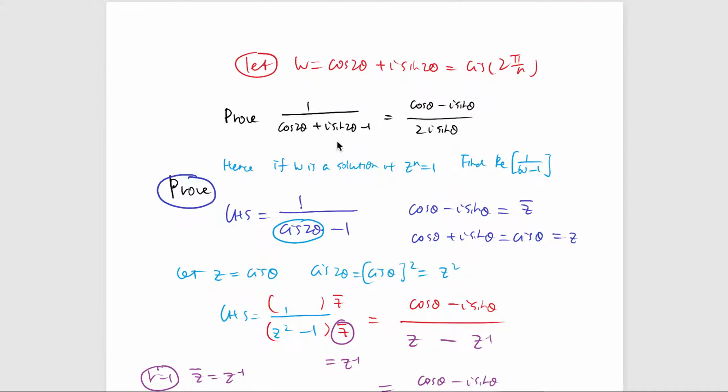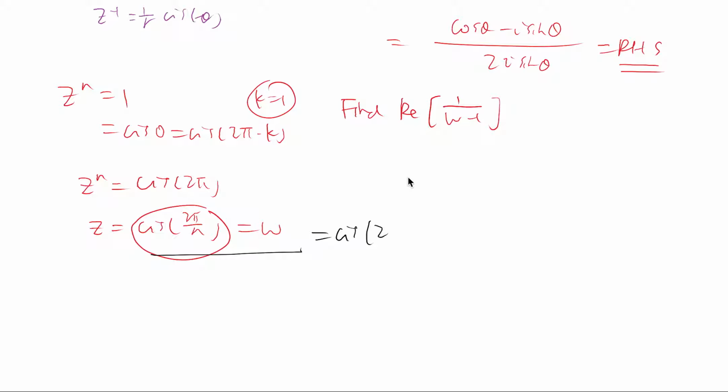If theta equals pi over n, your w just equals cis 2 theta. That's the substitution we need to make to use the first part.